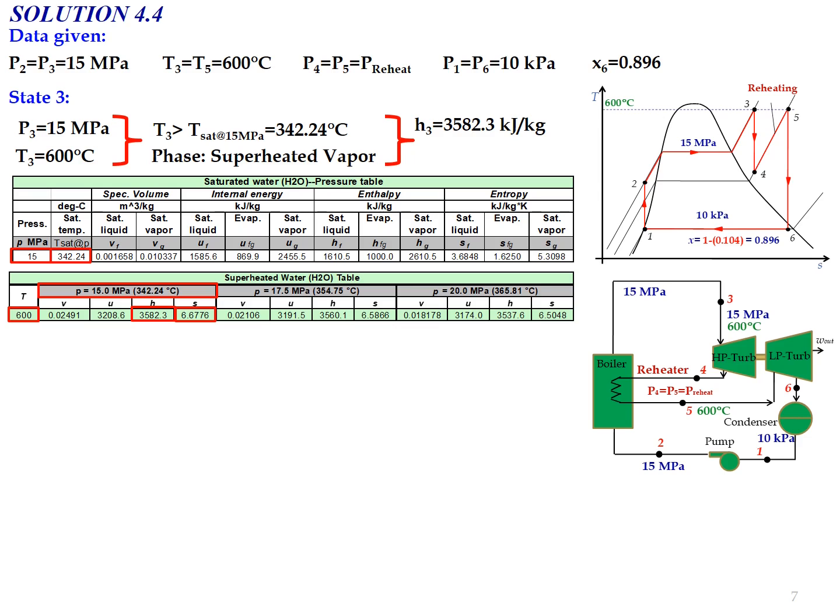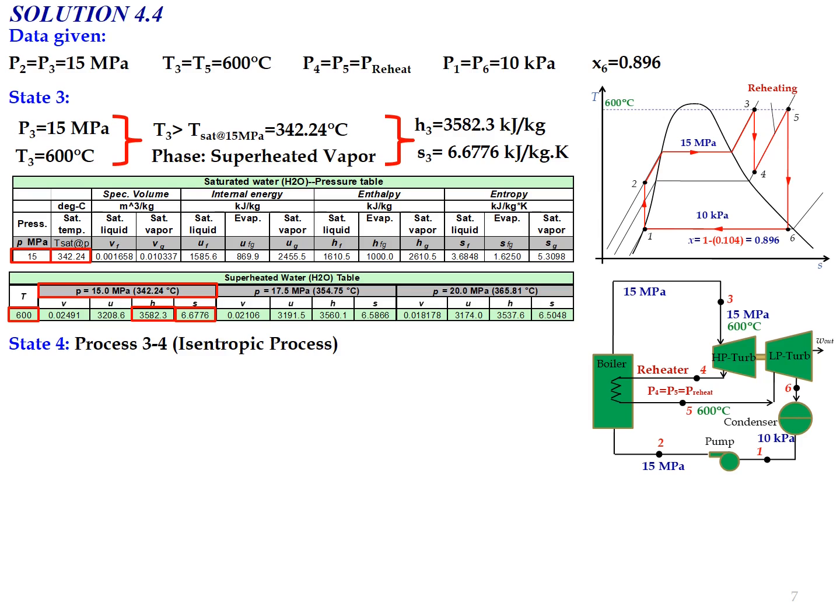Later on you can use this value in the isentropic process to determine values at other states. So S3 equals 6.6776 kilojoule per kg Kelvin. Okay, done state number 3.